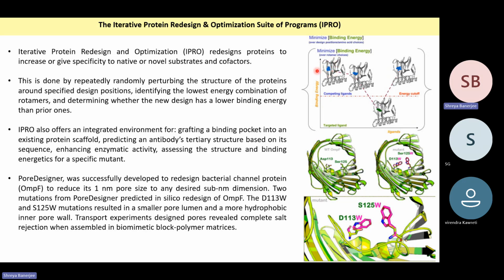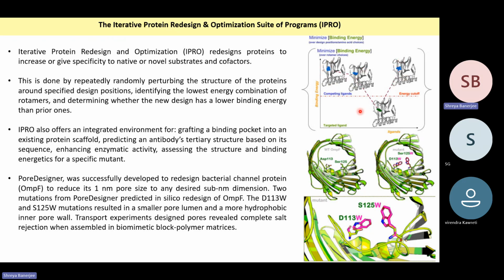We can perturb that region so that it no longer interacts with the blue ligand and instead it interacts with our target ligand, that is this green ligand. So we can perturb the structure by different mutations, and it has to be ensured that the binding energy of the target ligand is significantly lower than the binding energy of all the other competing ligands.